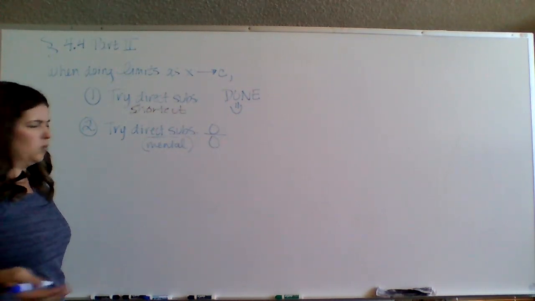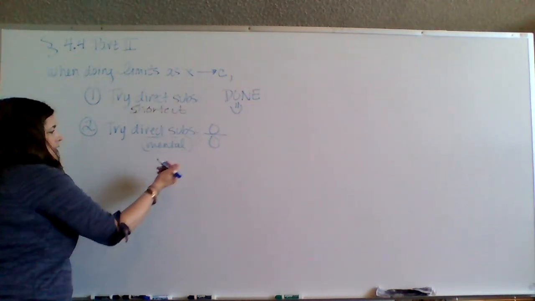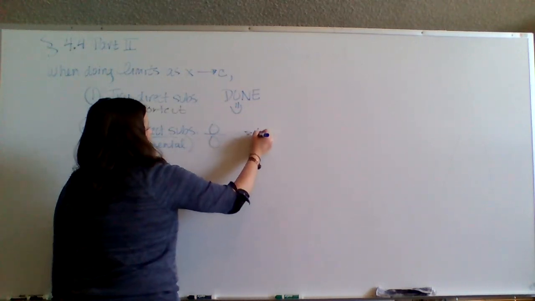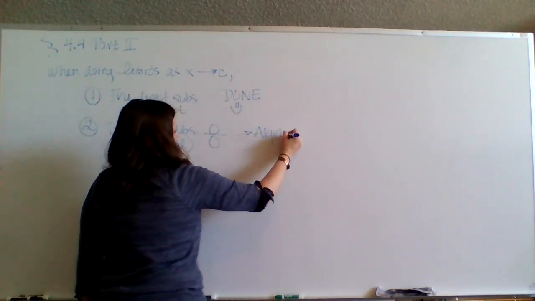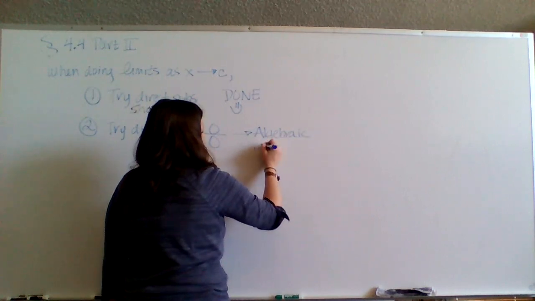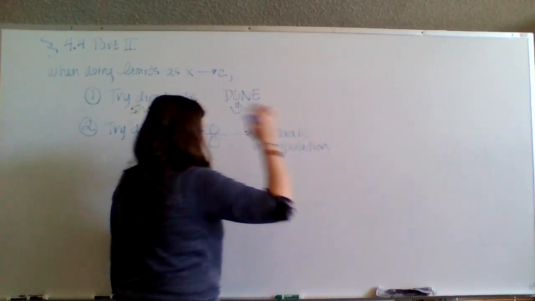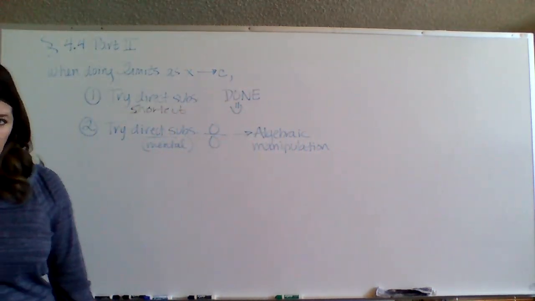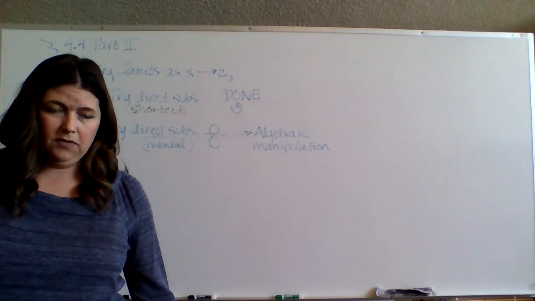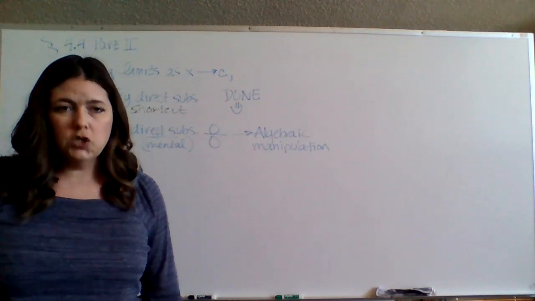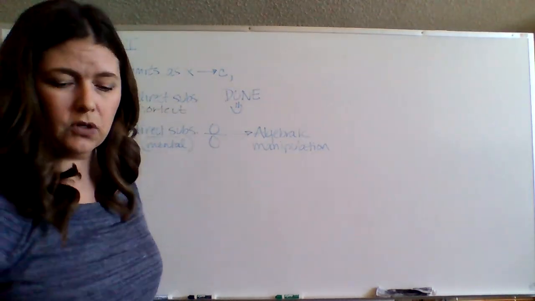You're going to get division by 0, which you guys know is a big no-no in math. Then we have to do some sort of algebraic manipulation. Finagle, as Hernie likes to say. Right? And that could be a plethora of things, and that's really what this second part of section 4.4 is all about. Getting used to doing some sort of finagling first.